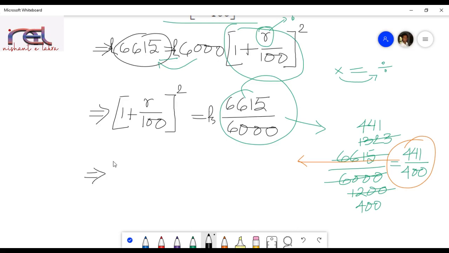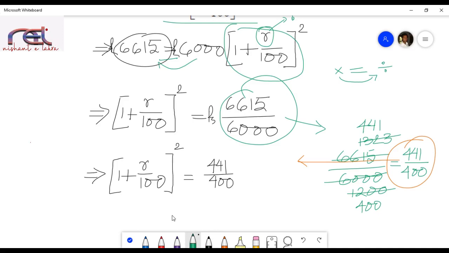We'll replace this value 441 by 400 with 6615 by 6,000. So our next step is to write what is simplified: 1 plus R by 100 whole square is equal to 441 divided by 400.